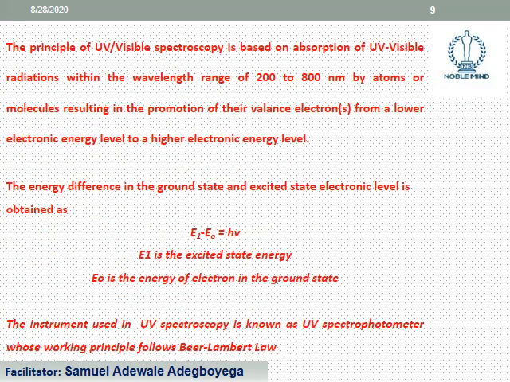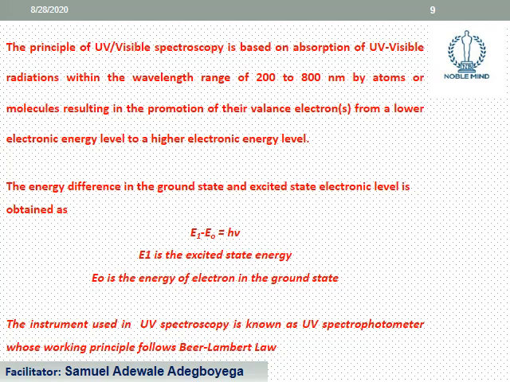The principle of UV visible spectroscopy is based on absorption of UV visible radiation within the wavelength range of 200 to 800 nanometers by atoms or molecules.